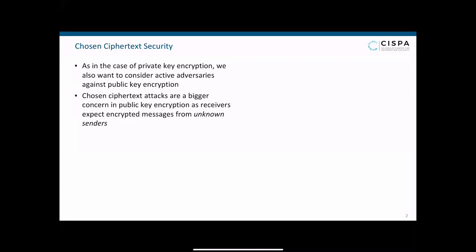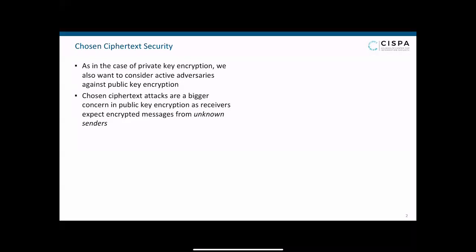And here's the thing: in the public key setting, chosen ciphertext attacks are a way bigger concern than in the private key world, as receivers expect messages from unknown senders, right?